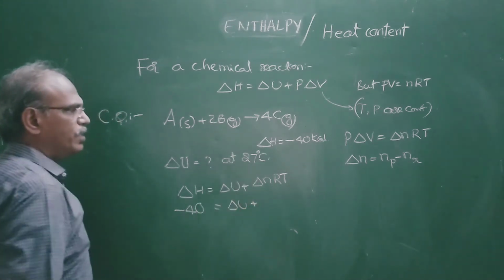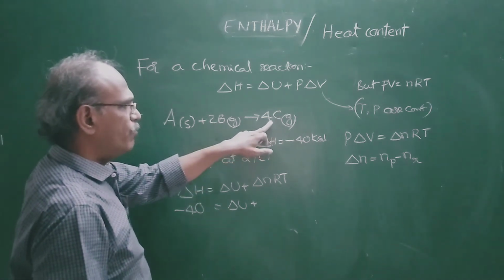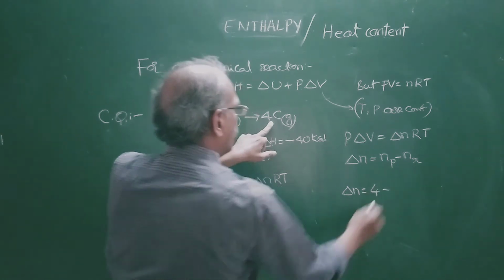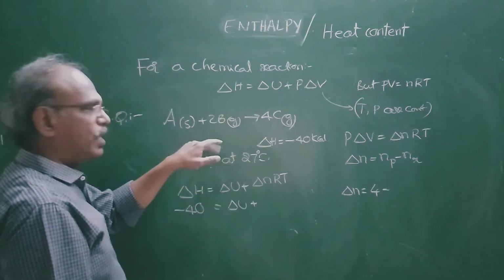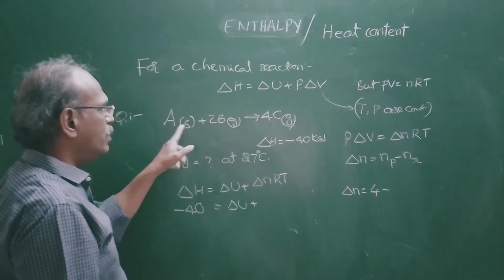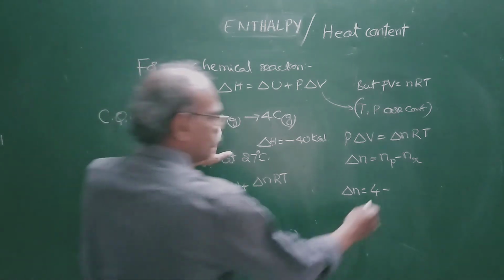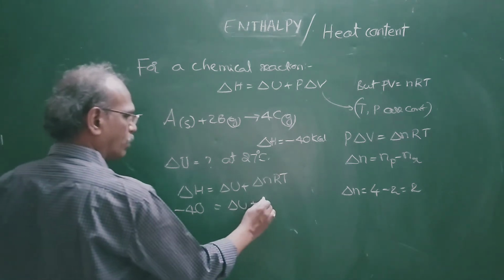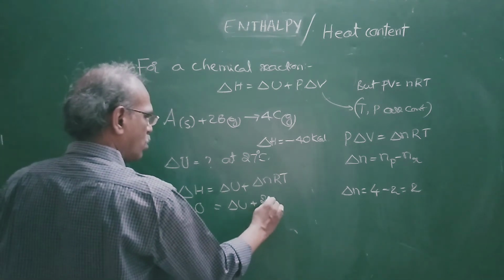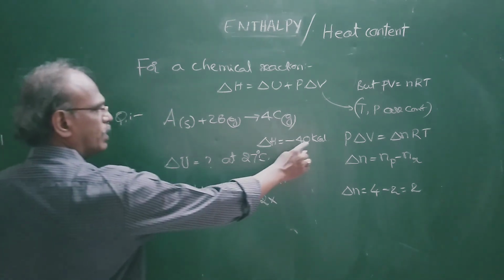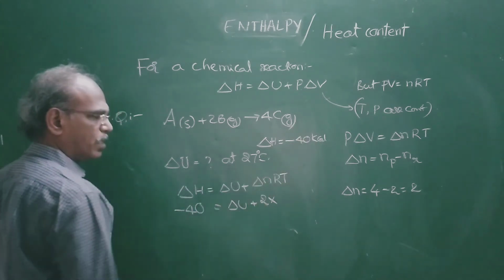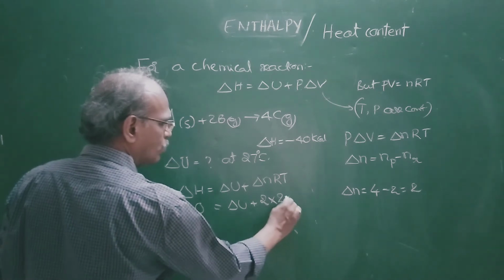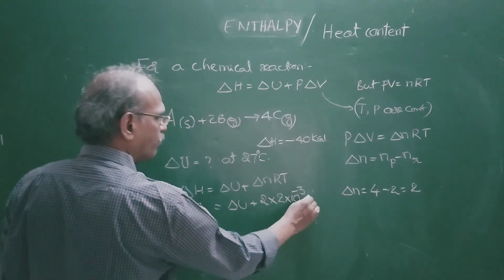What is delta n here? Number of moles of gaseous products, 4, minus number of moles of gaseous reactants. This is solid, only this one is gas, so minus 2, so 2. Therefore 2 into the R value. This is given in kilocalories, so R should be in kilocalories. R is equal to 2 calories, so 2 into 10 power minus 3.